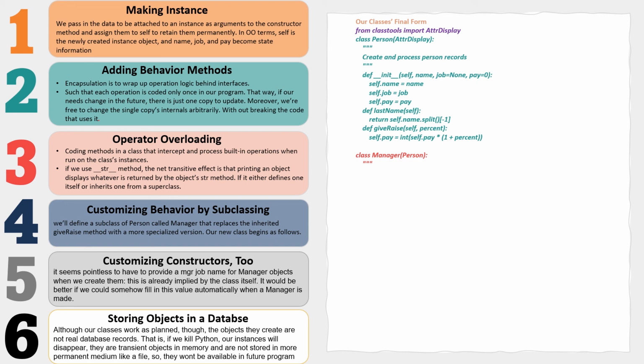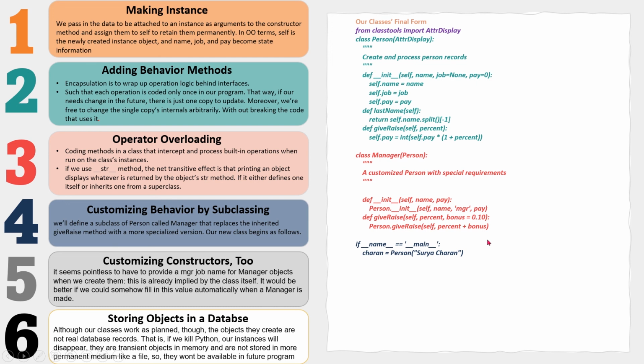Okay. Then we have written a subclass, that's manager, a customized person with special requirements. It will have its own constructor and a customized give raise method, and then an extended method if you want to include.